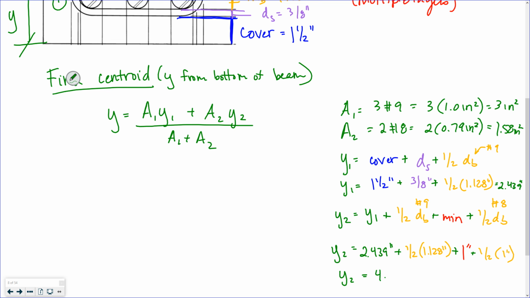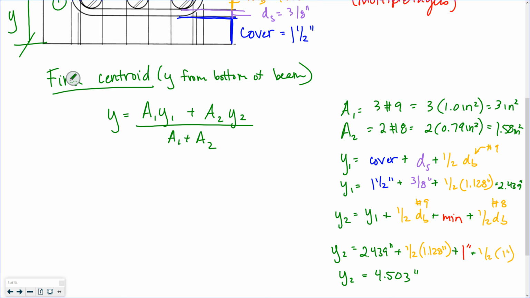Alright, that's 4.5. 1.5 plus 3 divided by 8 plus... 4.5.